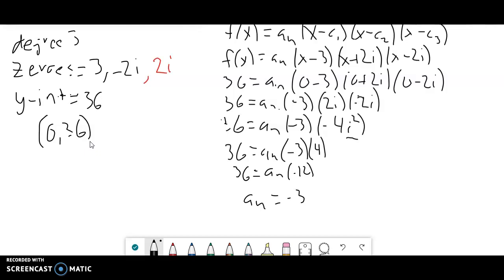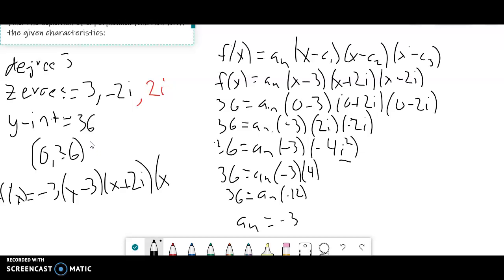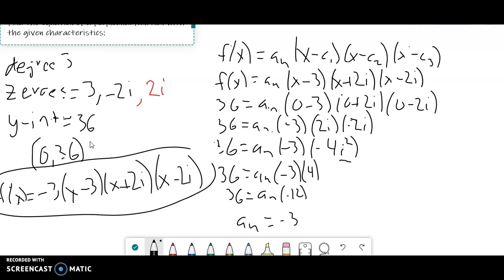I'm going to rewrite the equation. f of x is equal to our leading coefficient, the negative 3, x minus 3, x plus 2i, x plus 2i, x minus 2i. And that would be our final equation.